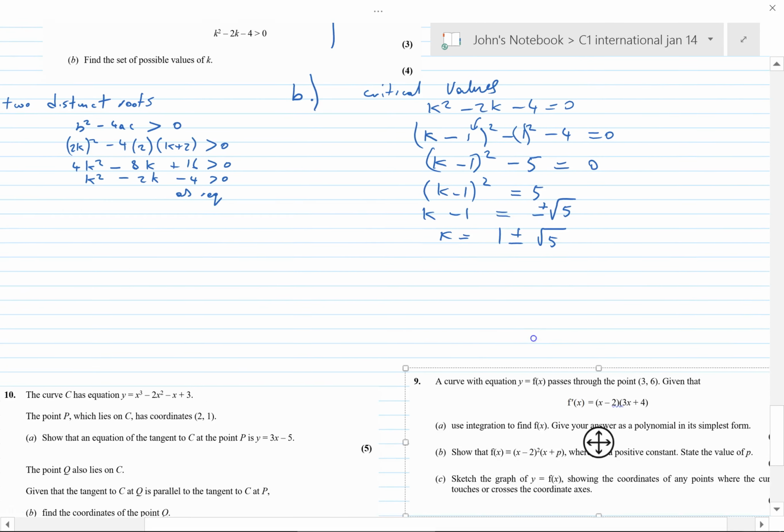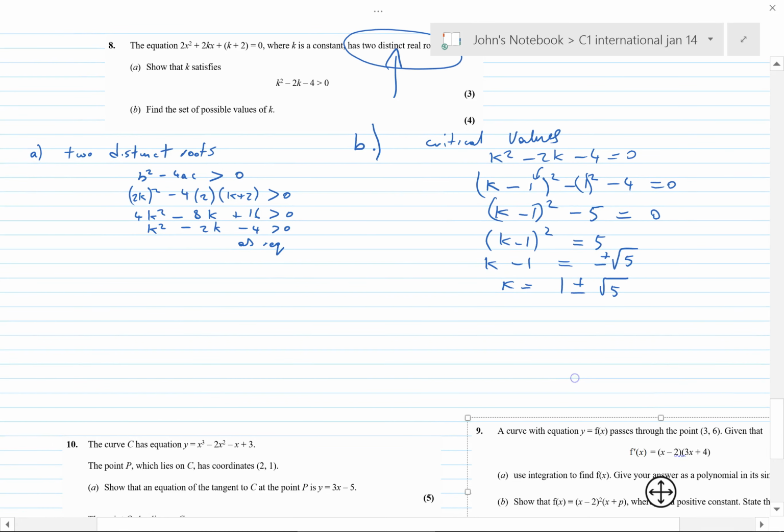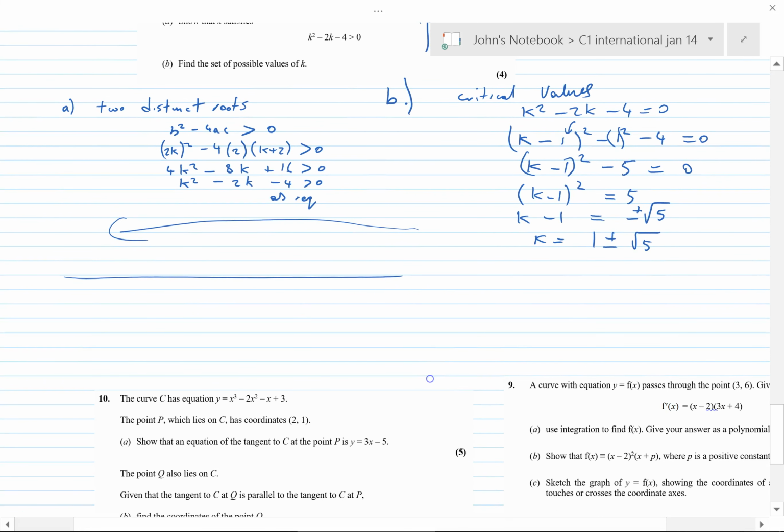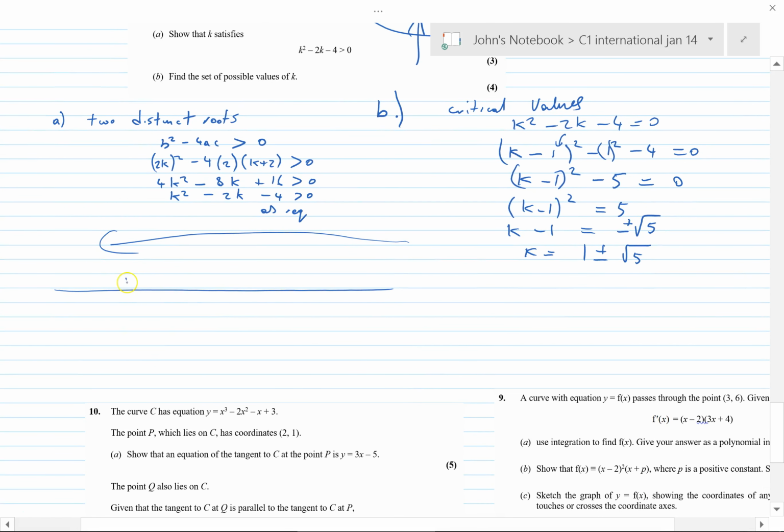Right, okay, so now there's two ways of going about this. I tend to use a number line approach. Some people use a graphical approach. Put these two numbers on the number line. 1 minus the square root of 5.